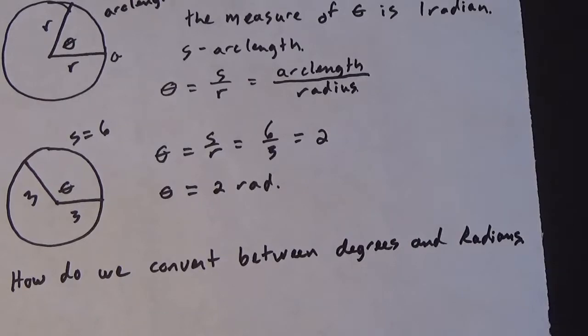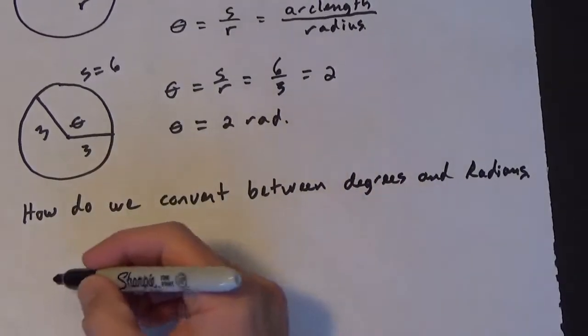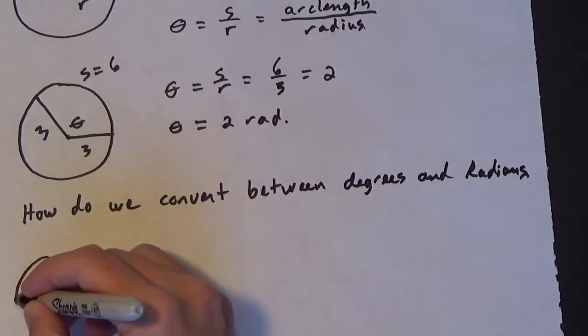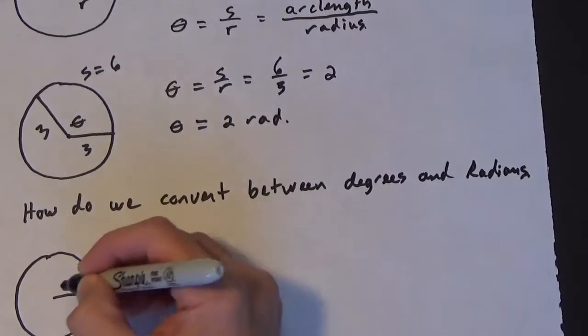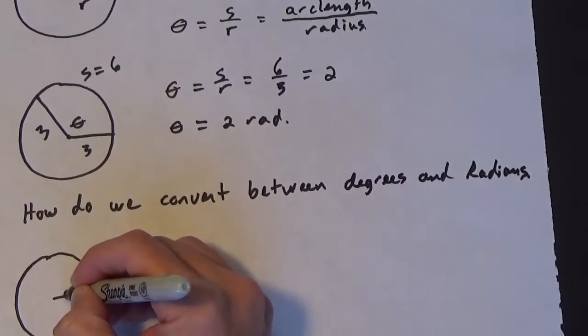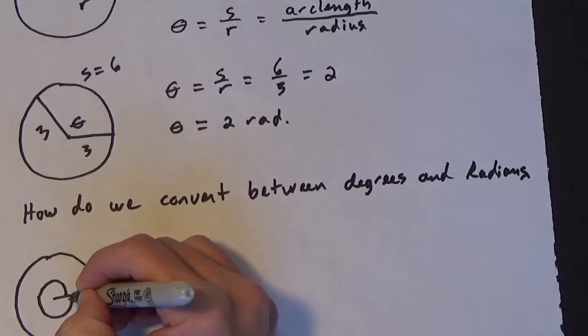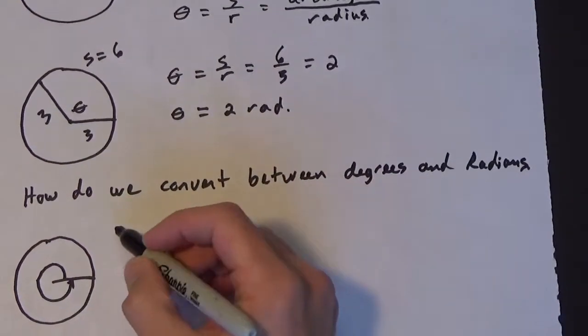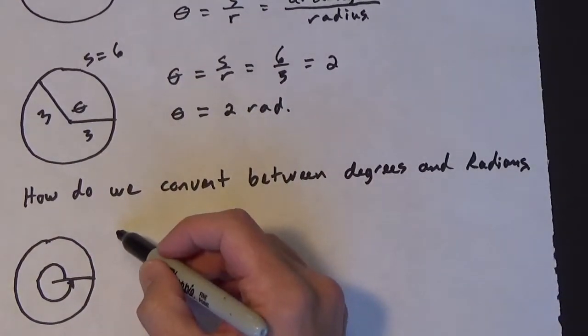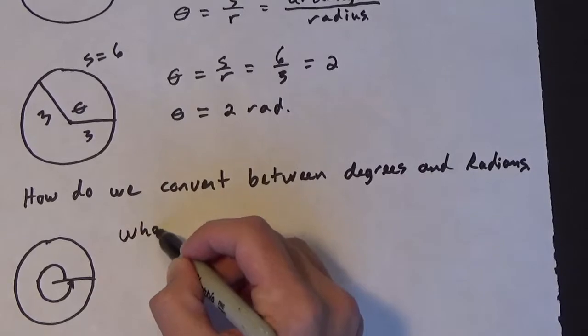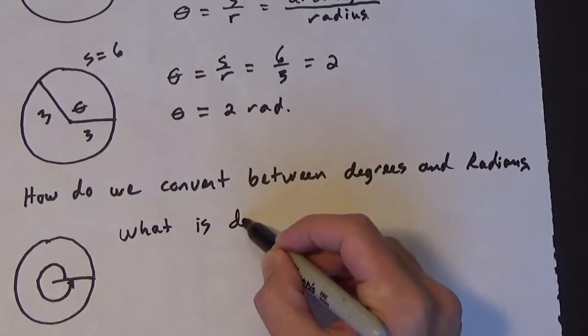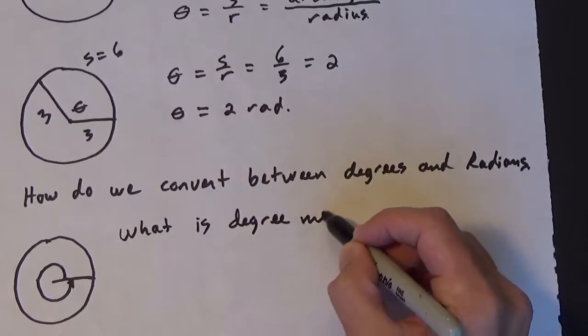To do that, we've got to get a comparison. So let's go ahead and look at a circle. Let's imagine we have this circle and we're going to go through one full revolution. Our first question is, what is the degree measure of one full revolution?